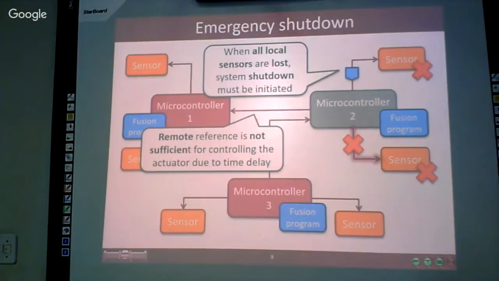This is a very real-time system. Actually, all these microcontrollers and sensors are in a very small box, and even this small distance is too much to provide the real-time control. And when all local sensors are lost, the system shuts down.